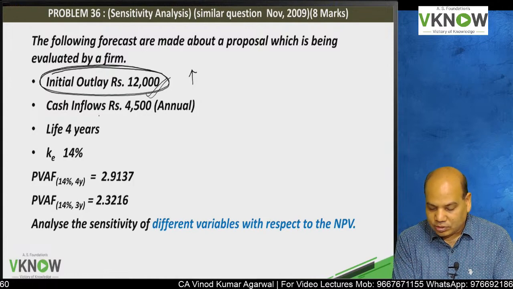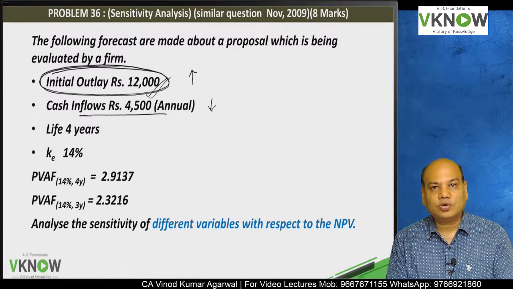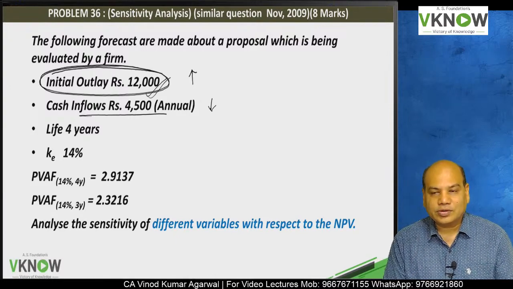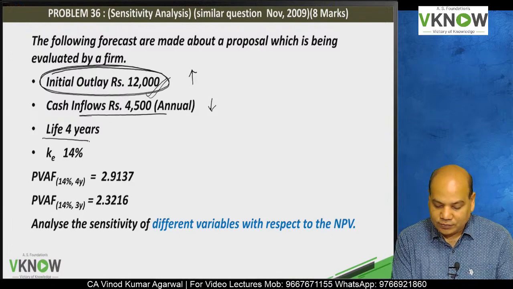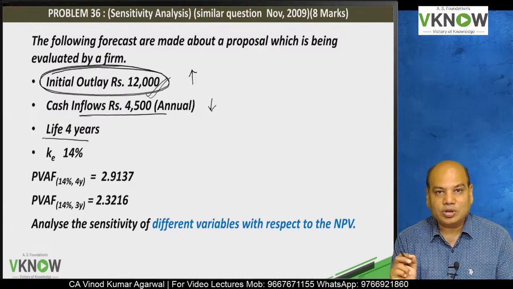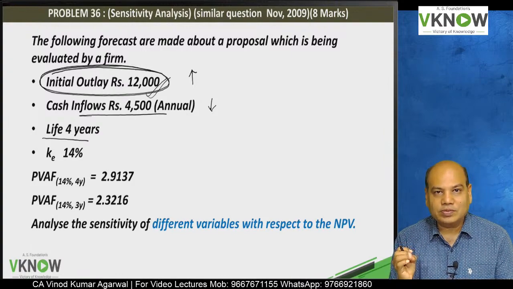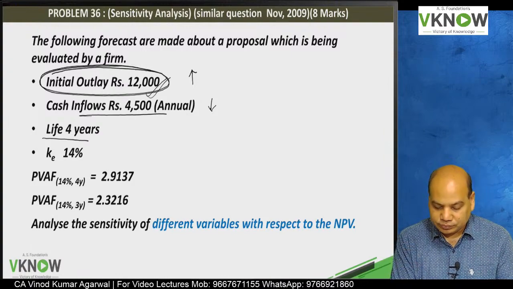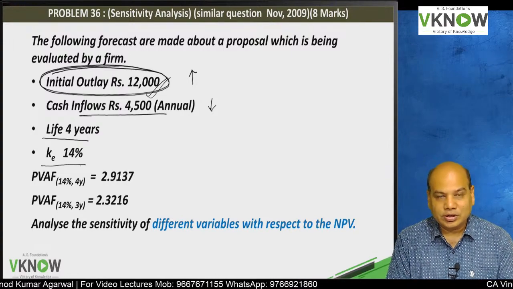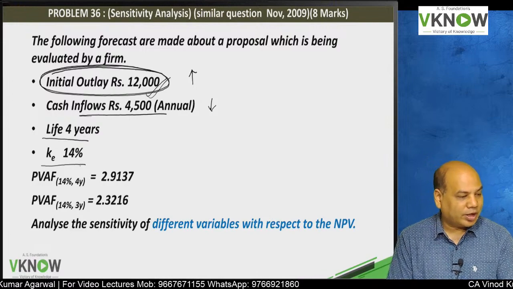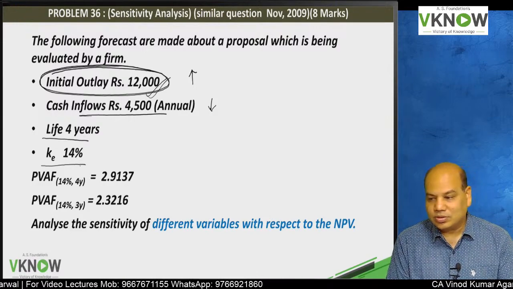In case of cash inflow, to what extent cash inflow can decrease such that NPV will be 0. In case of life, what is the minimum number of years the project should run so that my initial investment is recovered. And same thing for cost of capital also, discount rate, to what extent the discount rate may be allowed to rise such that NPV becomes 0.